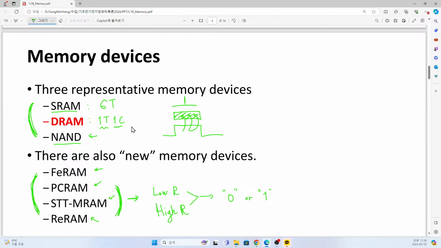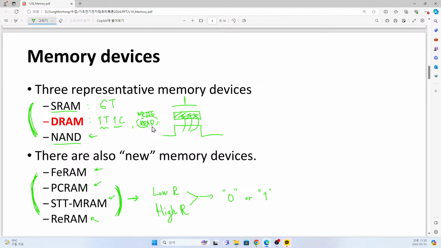We also discussed how we can write and read. One interesting thing was that by doing a read operation, we perform both actions simultaneously: reading the present value stored in the capacitor node, and also writing and recovering that value into the capacitor. That is done automatically by a read operation.